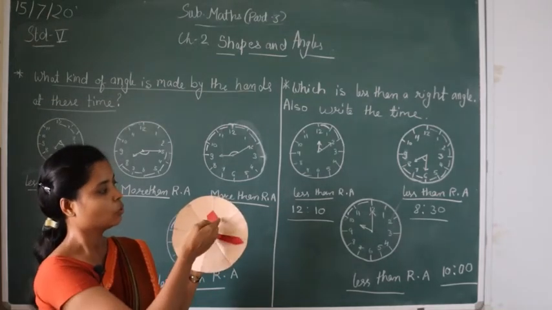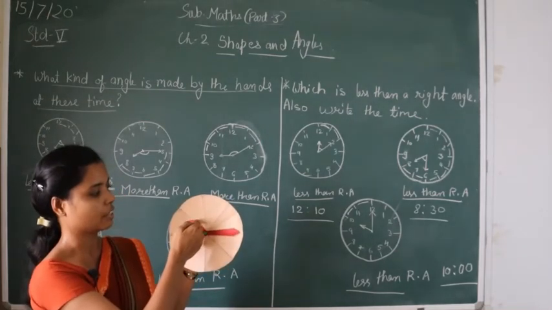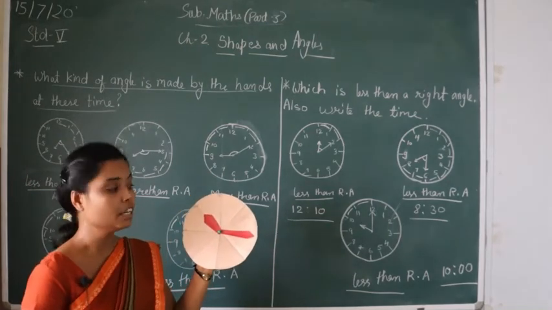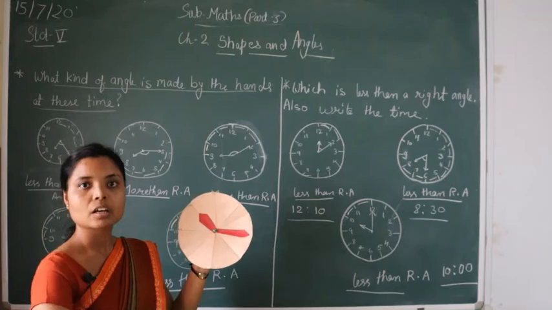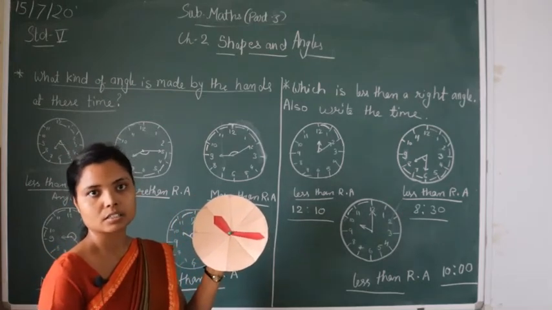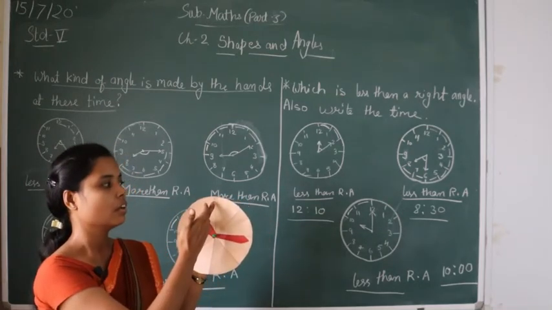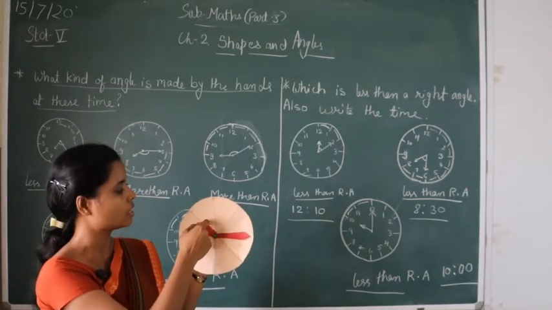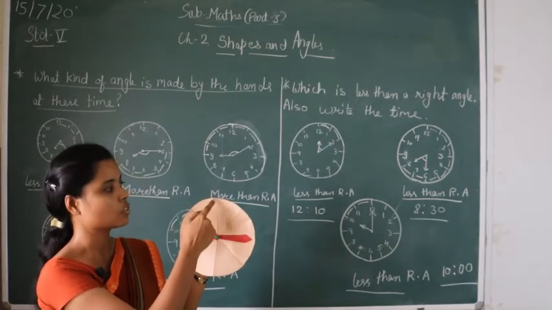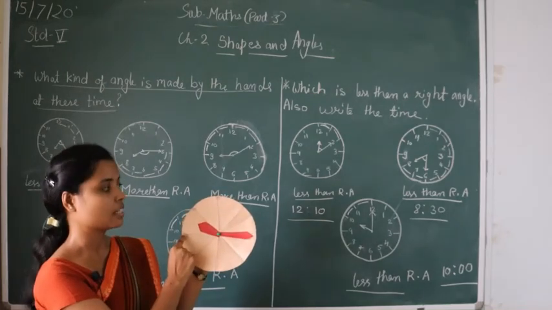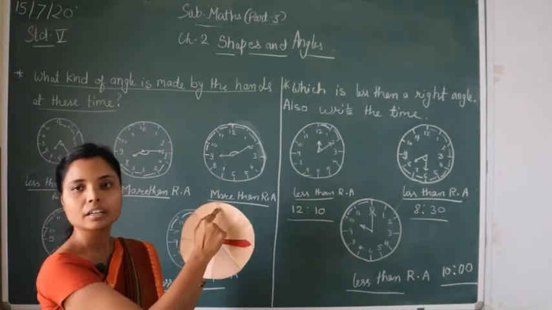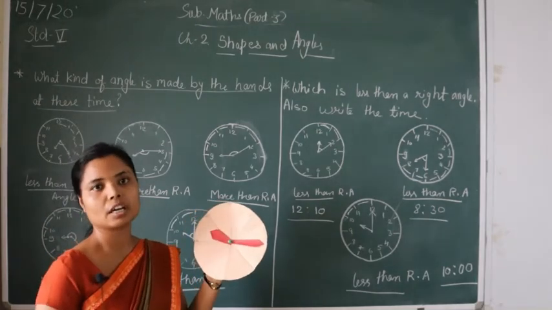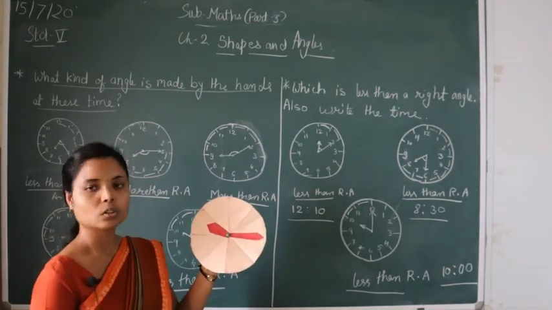So when we move to the left-hand side, it makes more-than angles, greater than 90 degrees. Anything less than 180 degrees and greater than 90 degrees is a more-than-right angle.